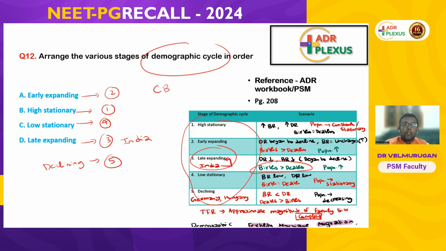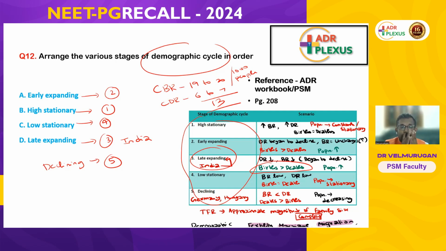In India, the crude birth rate is around 19 to 20, but the death rate is only around 6 to 7. For every 1,000 people in India, every year, 19 to 20 children are born, but only 6 to 7 deaths are happening. So this is called the demographic gap. Our population is increasing by 13 for every 1,000 people.